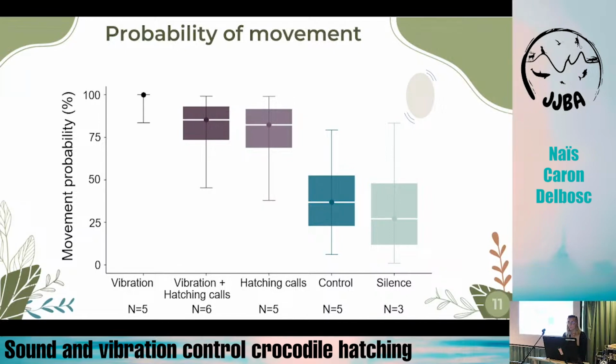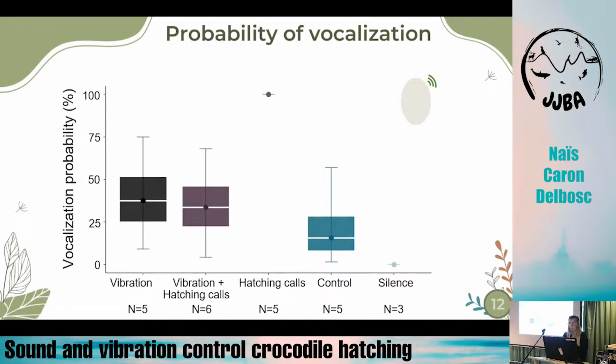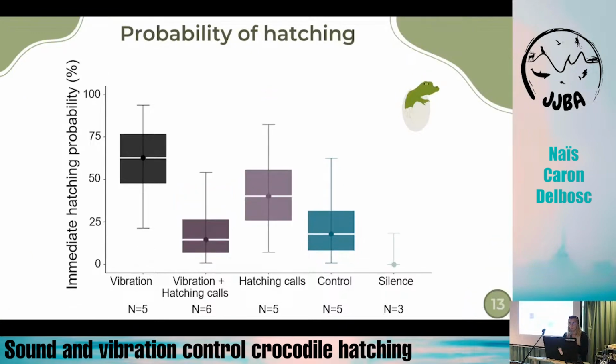For the probability of movement, we see that the tested embryos responded to each of the 3 experimental conditions, vibration, vibration plus hatching call, and hatching call, with a motor response, but it is the vibration condition that elicits the strongest motor response. For the probability of vocalization, embryos also responded by vocalizing to the 3 experimental conditions, but it is the hatching call condition that elicits the highest vocal rate from the embryos.